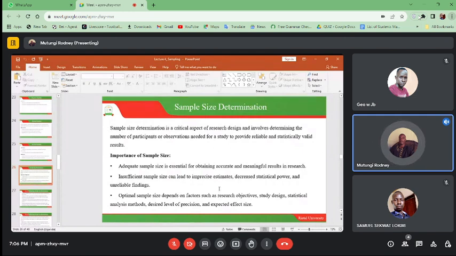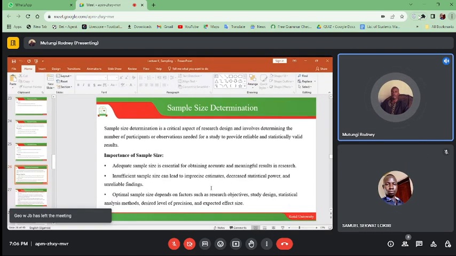In our example, where we are targeting 1,000 respondents in Juba to assess stunting among children, if instead of getting 1,000, which would be our desired sample size, we got, for example, 10 out of 1,000, that will be a very insufficient sample size.